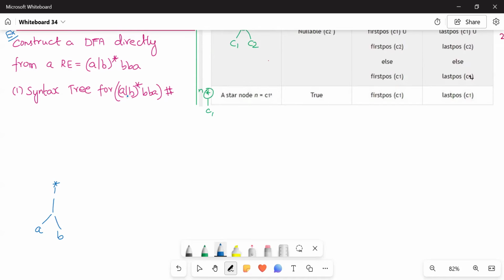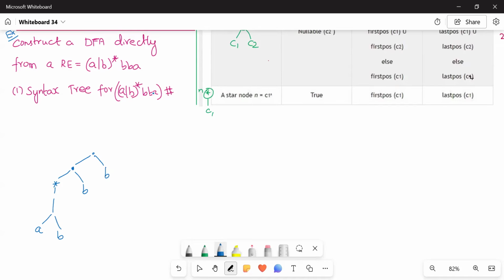For this cat node, the left child is the subtree and the right child is b. Then again this entire expression is concatenated with b, with the subtree as the left child and b as the right child.